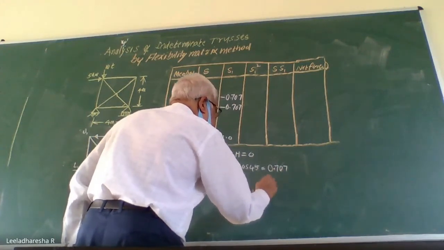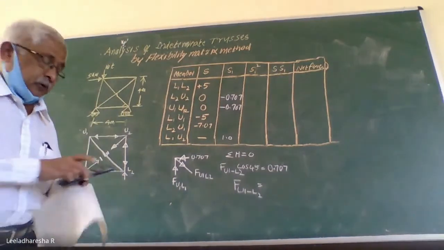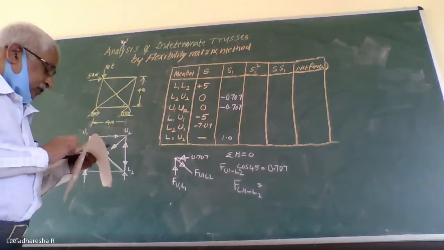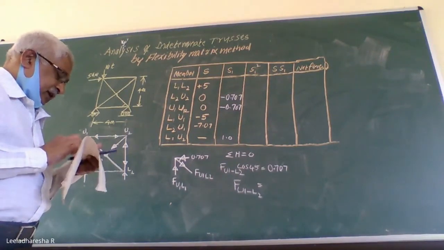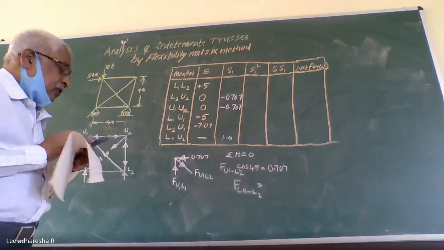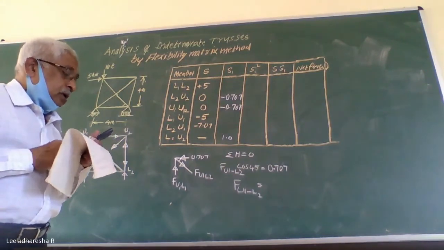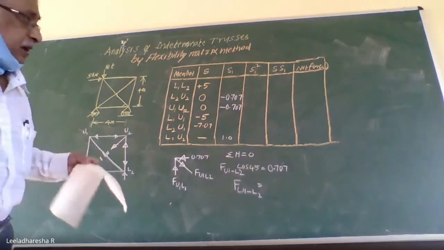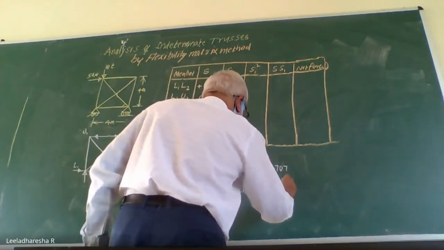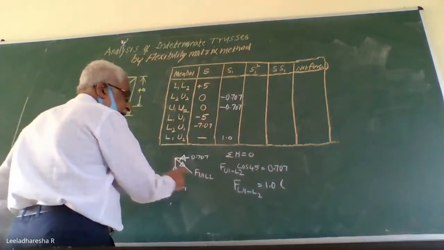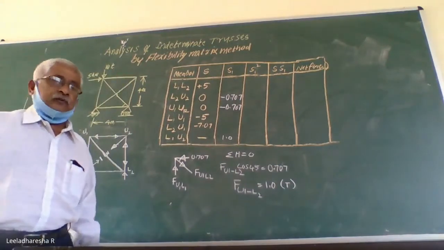So it is 0.707 divided by cos of 45. You get 0.99 or 1.00, and it is outward, therefore tension. It is a tensile or positive force.